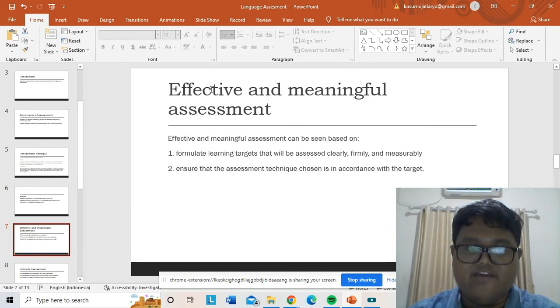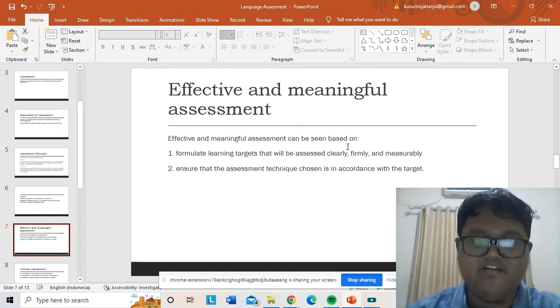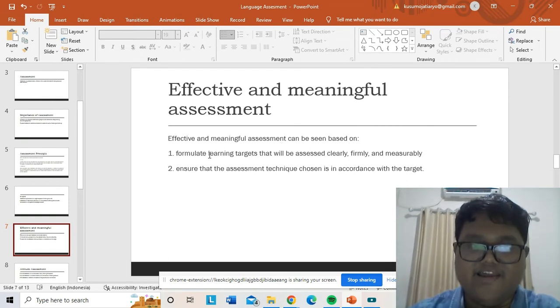Effective and meaningful assessment can be seen based on, first, formulating learning targets that will be assessed clearly, firmly, and measurably. The second is ensuring that the assessment technique chosen is in accordance with the target.